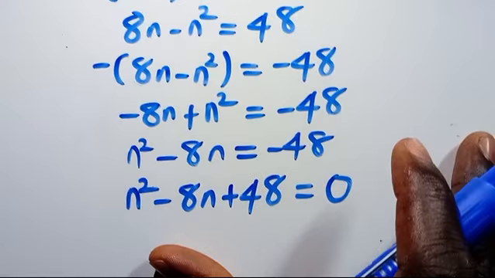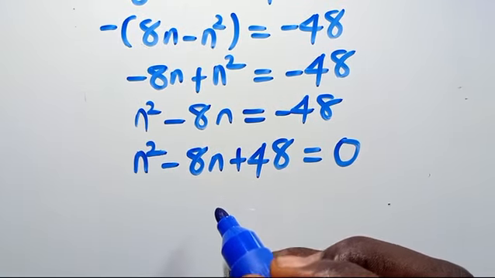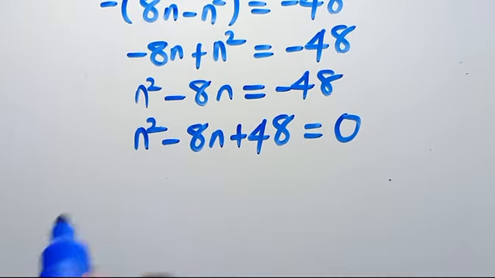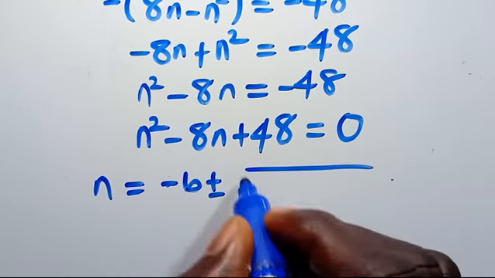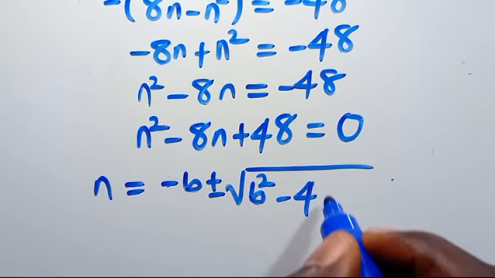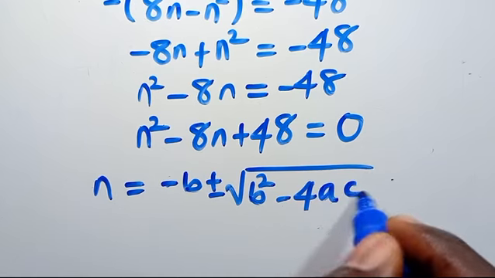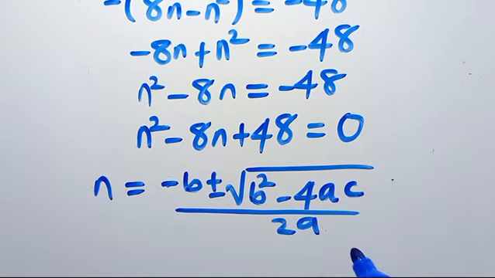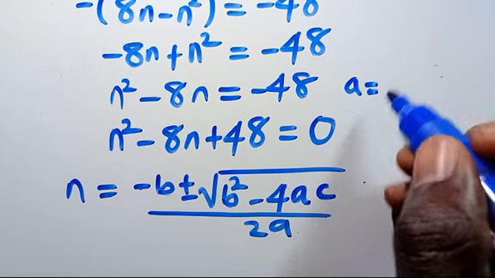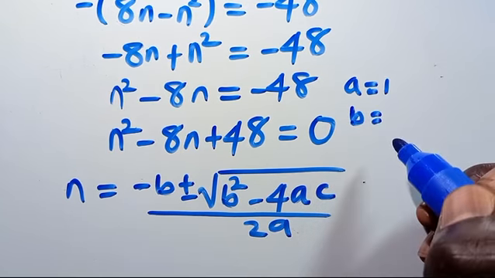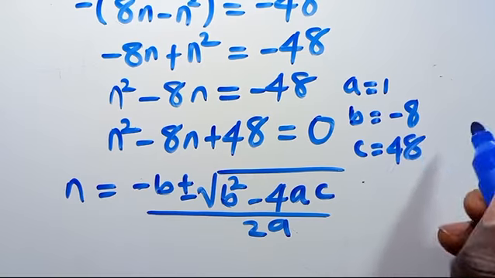Then let's solve this quadratically. So when we solve this quadratically, what we are going to have will be n equals minus b positive or negative root of b squared minus 4ac over 2a, where we are going to define the parameter a as the coefficient of n squared, 1, b the coefficient of n, minus 8, c equals 48.